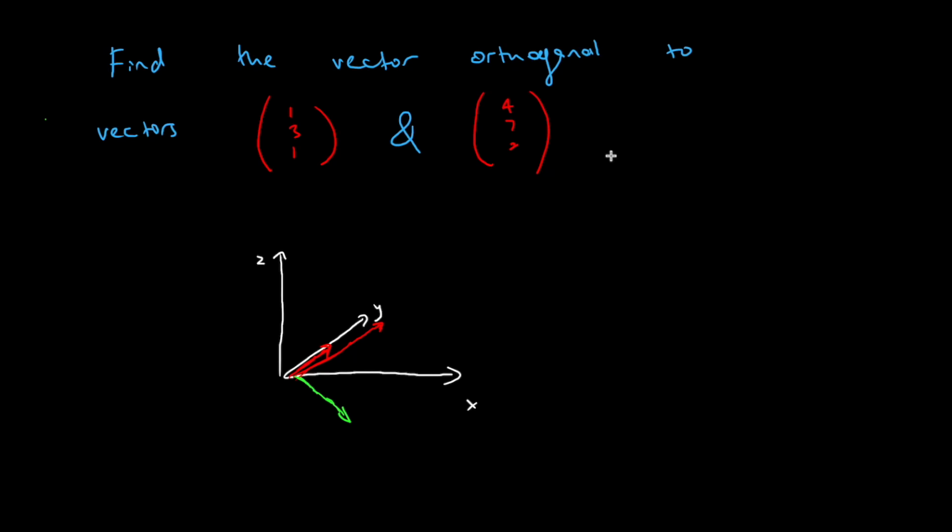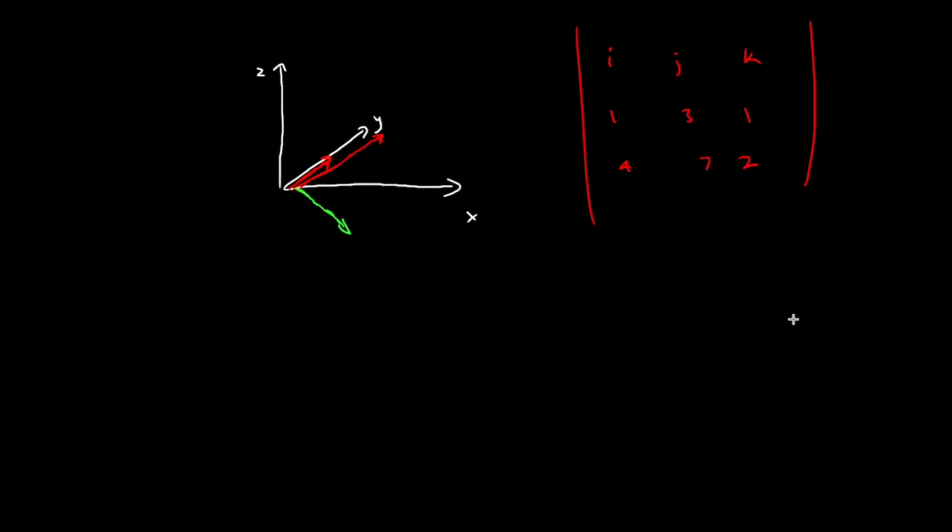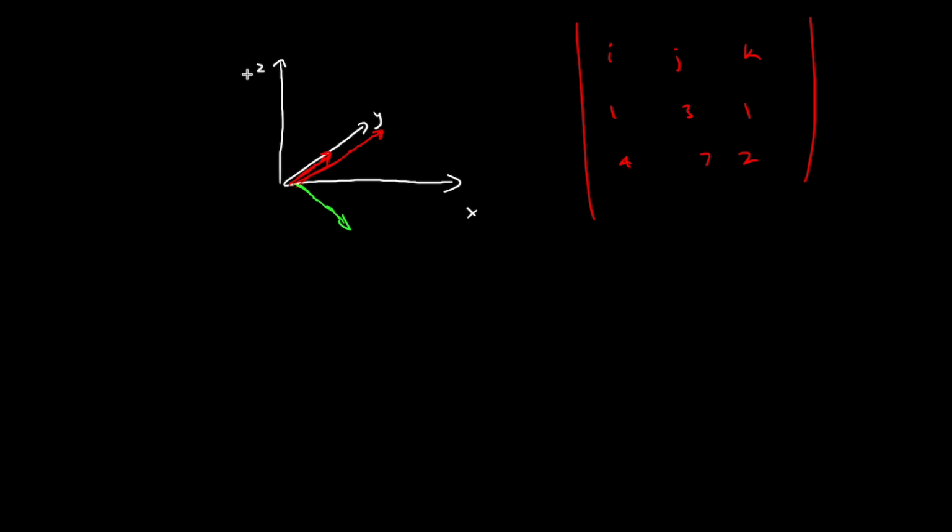So I could put this in the 3x3 matrix that I mentioned earlier. I have i, j, k. I have 1, 3, 1, which is this vector, and 4, 7, 2, which is this vector. Now I can split it up. So my first vector will be the determinant of this matrix. So I have the determinant of 3, 1, 7, 2 times i.